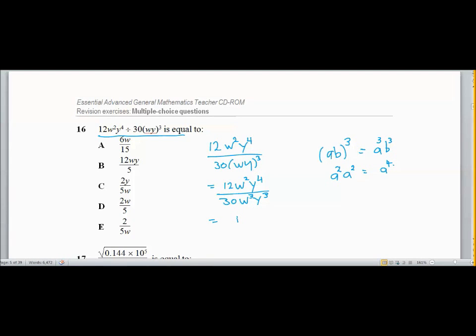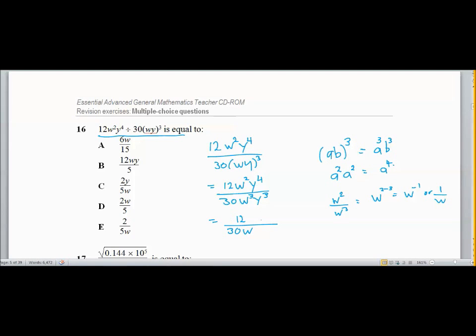So we've got 12w squared divided by w cubed is w to the power of 2 minus 3, which is equal to w to the power of minus 1, or 1 over w. This 30 doesn't go anywhere.